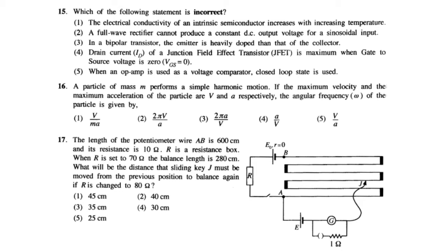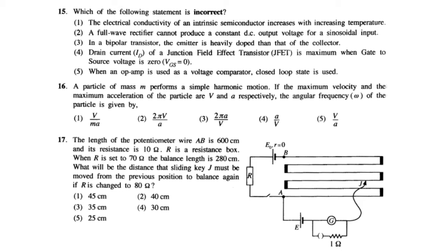For the second case, we can write E0 equal I2 into 10 plus 80, that is I2 into 90. When we compare both expressions, we can understand that I1 is greater than I2.